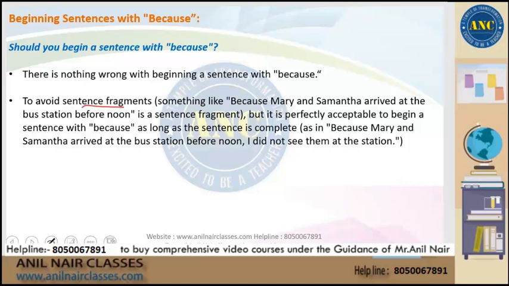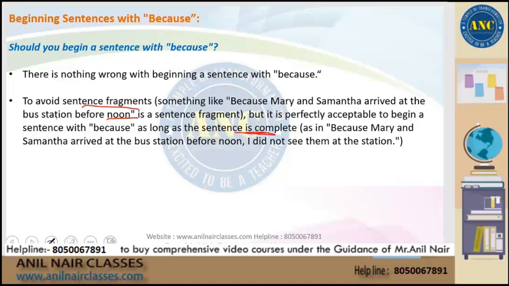To avoid sentence fragments, something like: because Mary and Samantha arrived at the bus station before noon. It is a sentence fragment, but it is perfectly acceptable to begin a sentence with because as long as the sentence is complete.